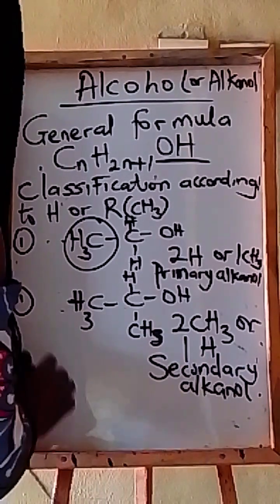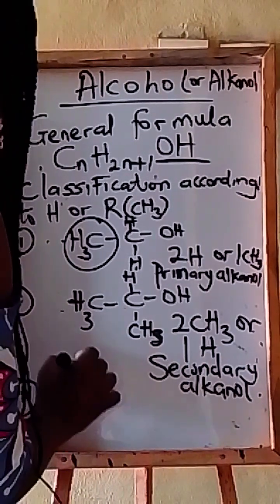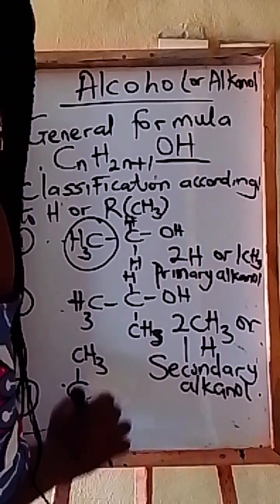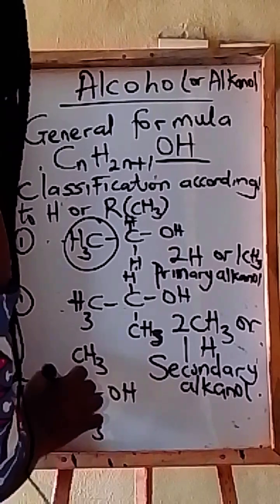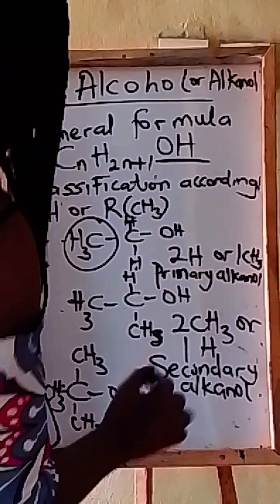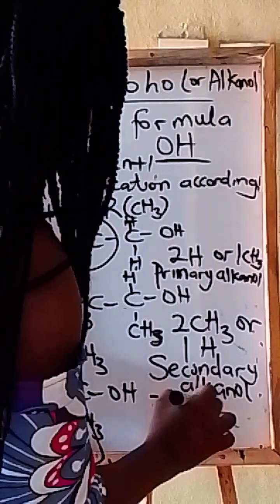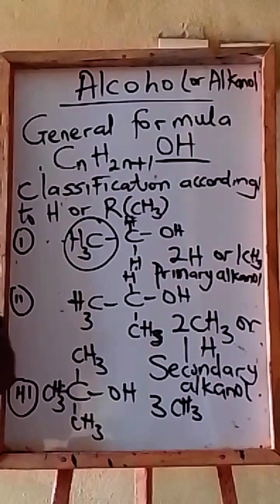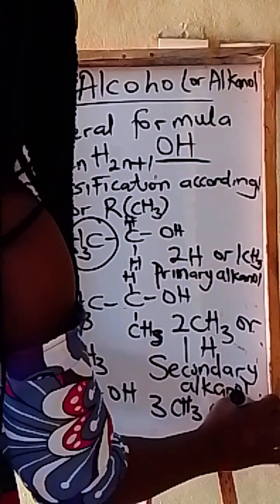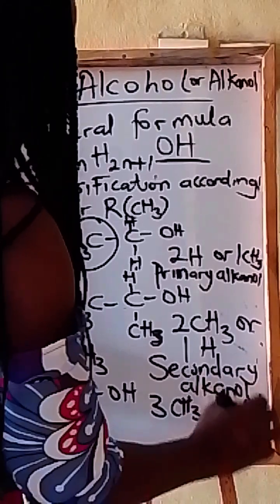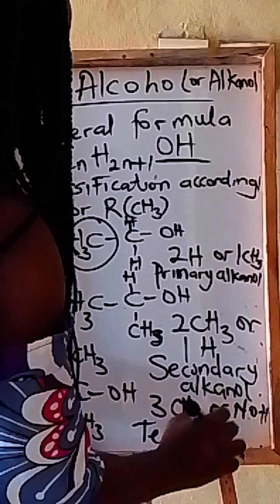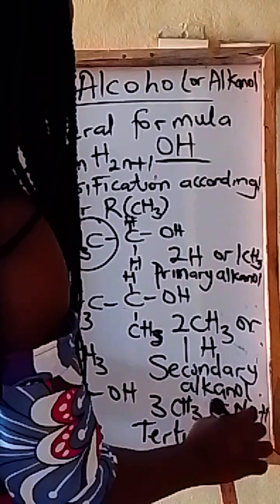Now the third one is when we have CH3, OH, CH3. So when we have 3 CH3 or no hydrogen at all, we call it tertiary alkanol.